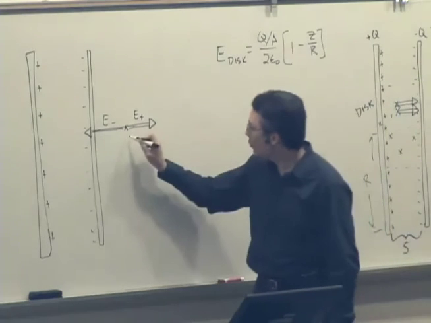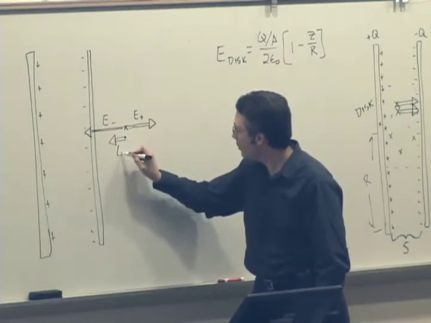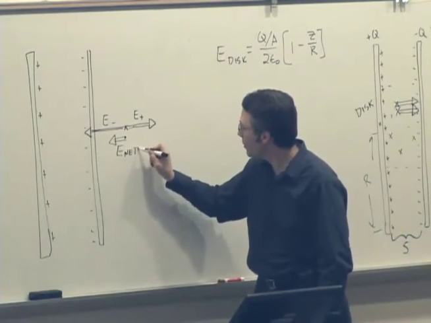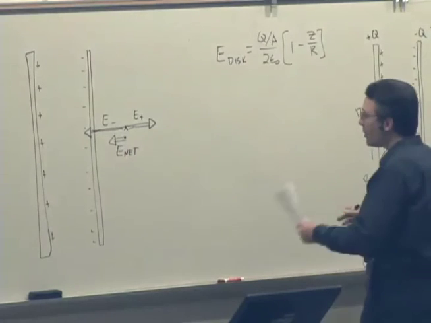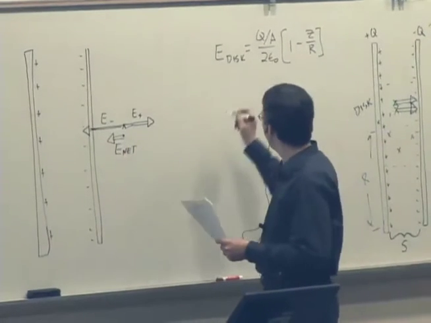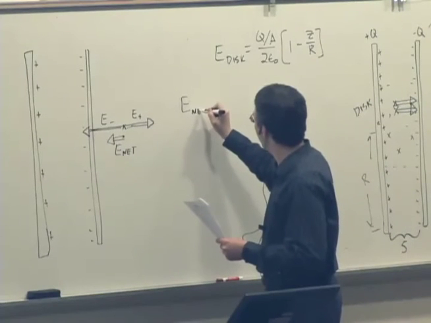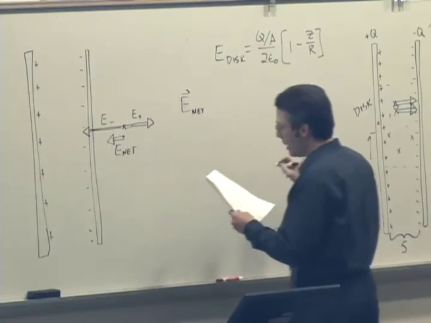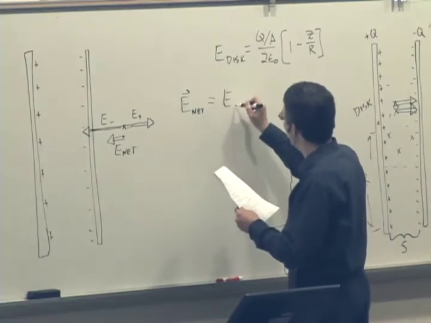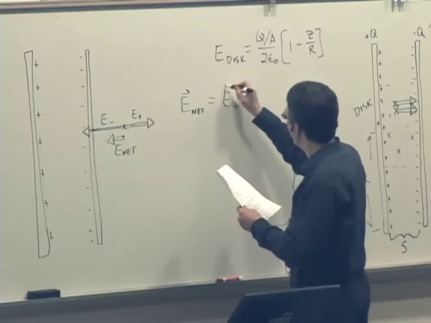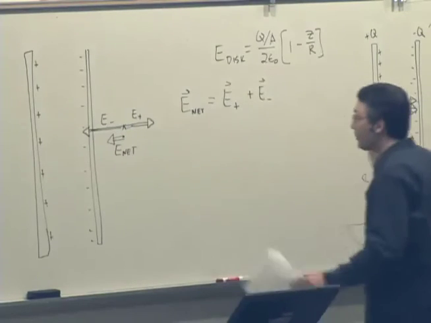So we end up with a net electric field pointing that direction when we do the superposition. And let's see if we can work out what the magnitude is. Same idea. The net electric field is going to be the electric field due to the positively charged plate plus the electric field due to the negatively charged plate.